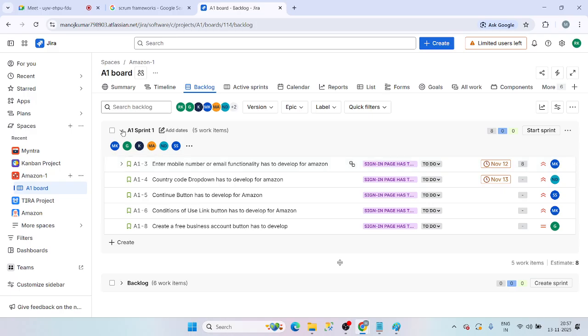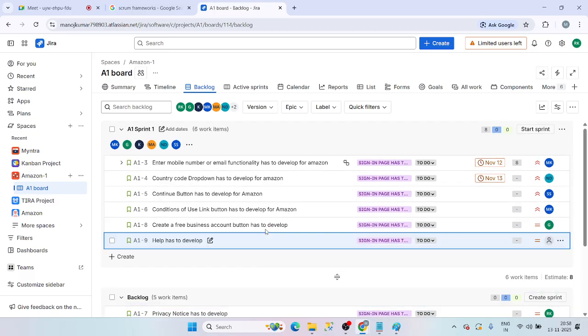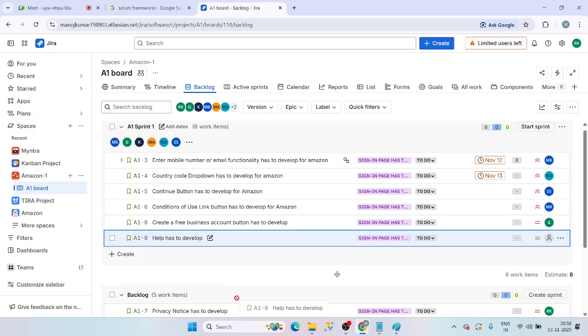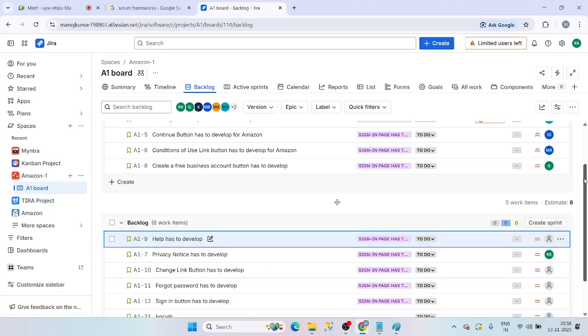Who is going to move the tickets, the Product Owner or anybody? Moving the tickets will be done by the Product Owner. He will decide we are not working on this ticket.